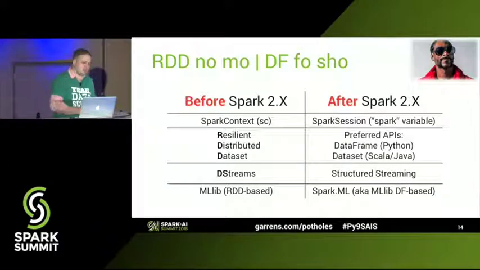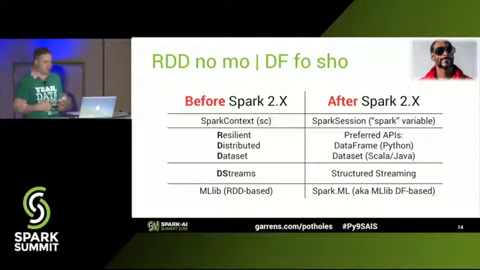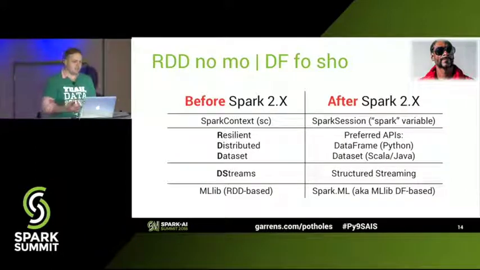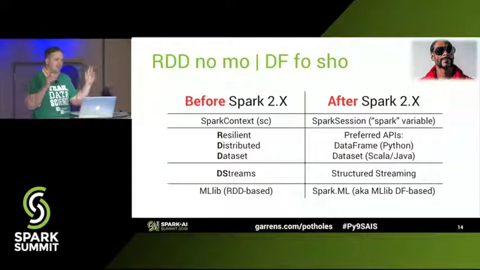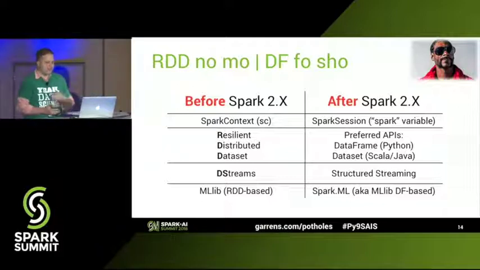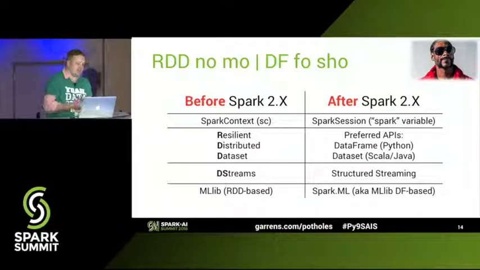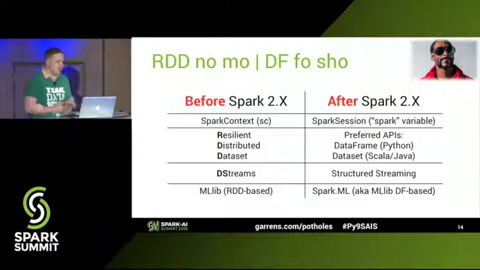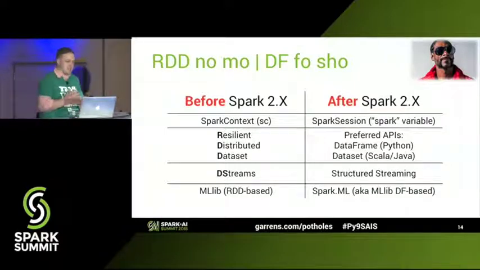However, once Spark 2.x hit, SparkSession became the main entry point to Spark, and that's now in the very aptly named spark variable. The preferred APIs shifted as well, quite substantially, to data frames for Python and datasets for Scala and Java. Any Scala lovers out there, you'll be pleased to know that you get a lot of really cool stuff from just having data frames and datasets available to you.